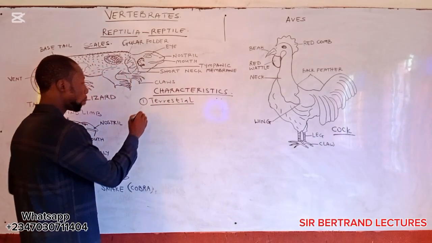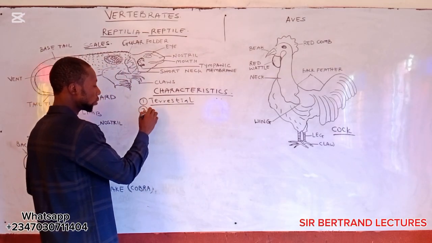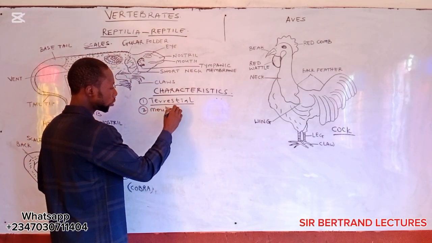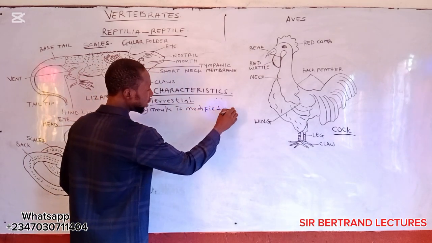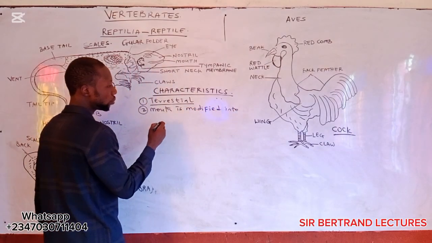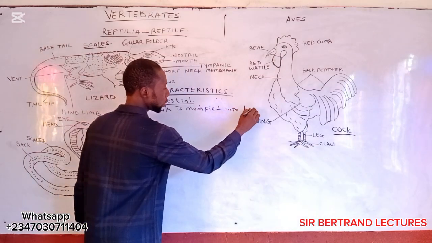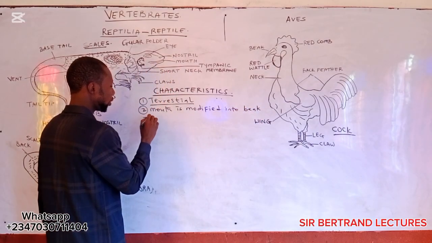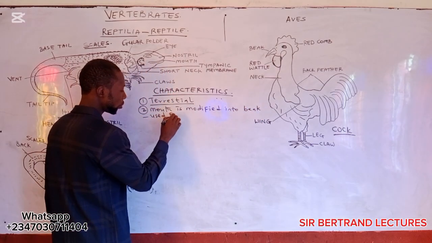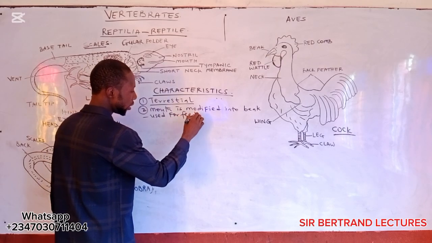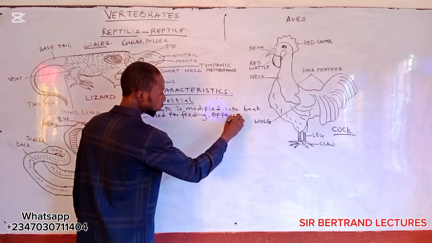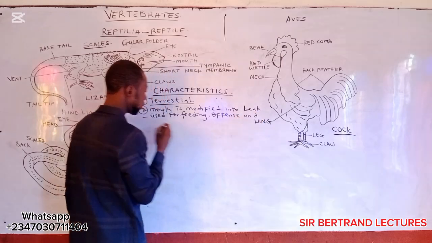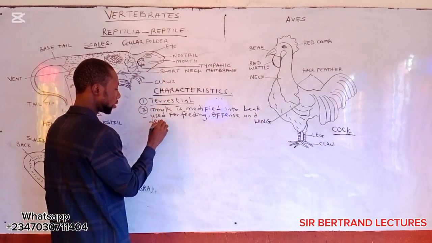Then number 2, their mouth is modified into beak, which is used for feeding and is also used for offense and defense.